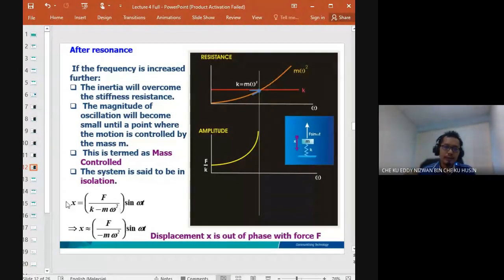But again, when m omega squared is greater than k, mathematically you will get the negative sign. The negative sign in motion actually represents the direction of the mass.